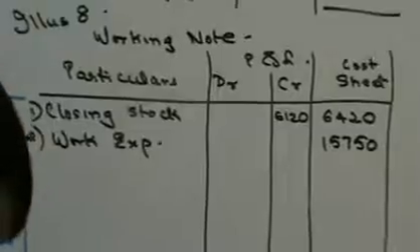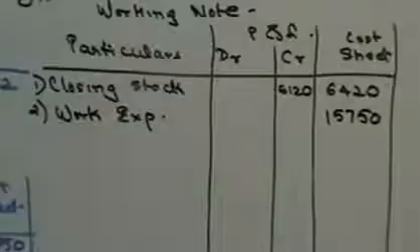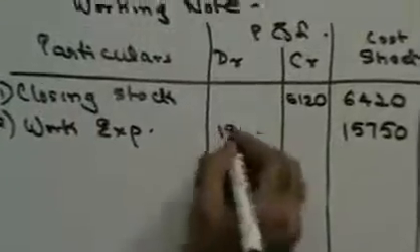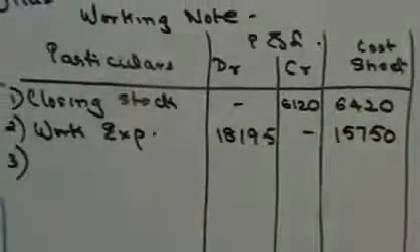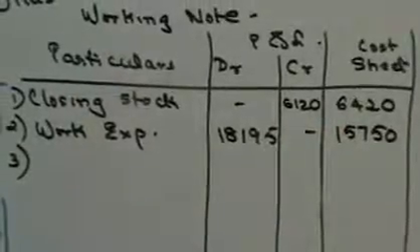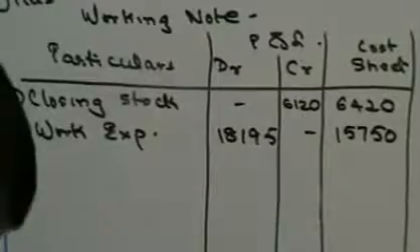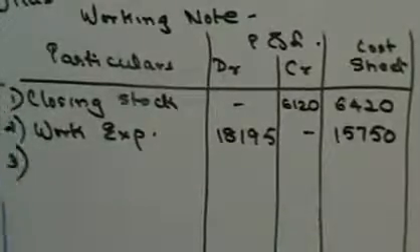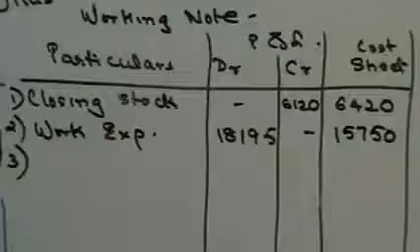Now, in finance, work expenses are taken as 18,195. Right, guys? Can we see that in P&L? Work expenses are given to you as 18,195.